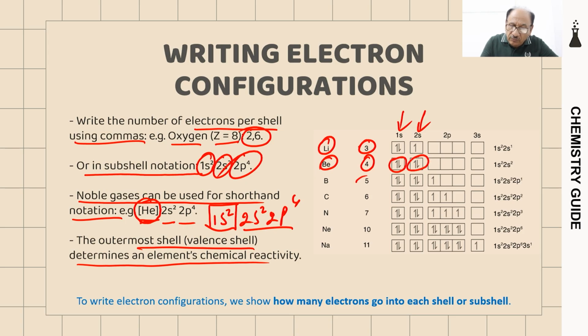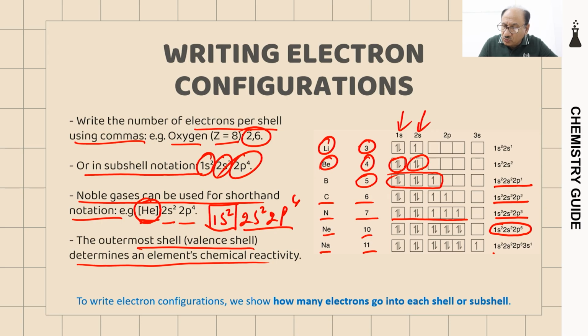Then boron will be 5, so it will be 1s2, 2s2, 2p1. And carbon 6, so 1s2, 2s2, 2p2. Nitrogen will be 7, this will be electron distribution in the orbitals, and this will be 1s2, 2s2, 2p3. And the neon will be 10, which is 1s2, 2s2, and 2p6. Then sodium is 11, 1s2, 2s2, 2p6, 3s1.